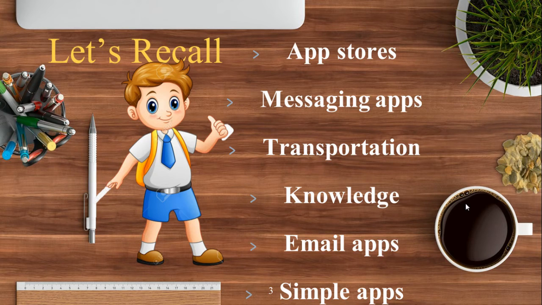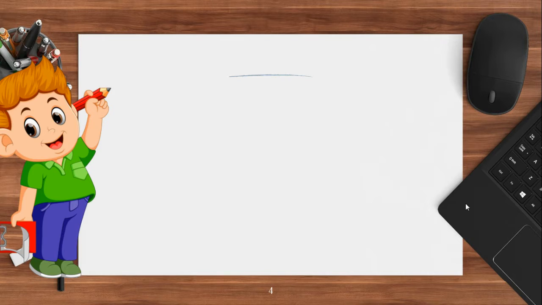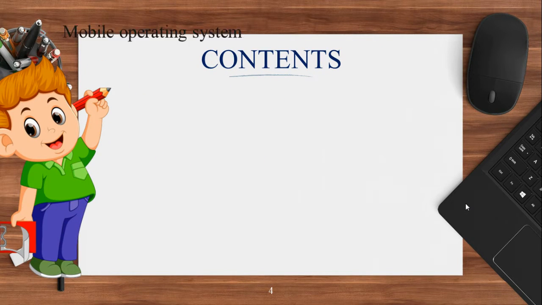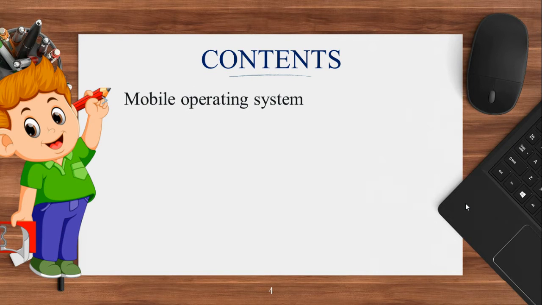Okay. Now we are going to see today's contents: mobile operating system. We are going to see the types of mobile operating system. First, Apple, Windows, Android. These three operating systems, how they are used in mobile phones.